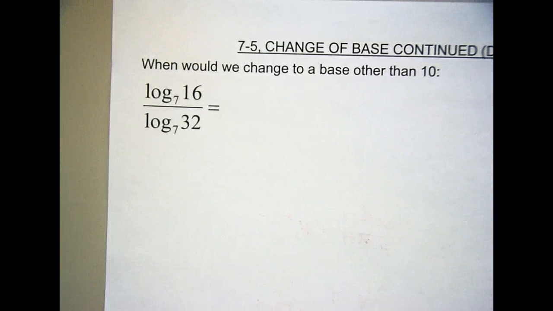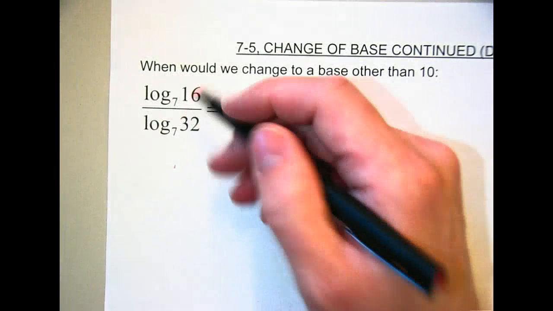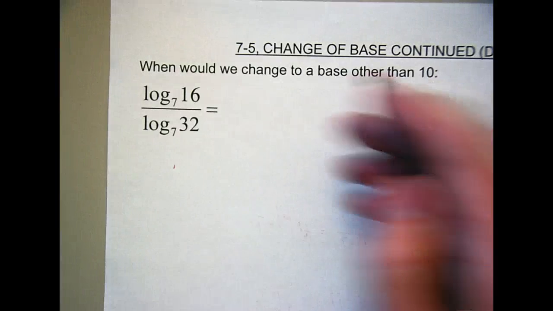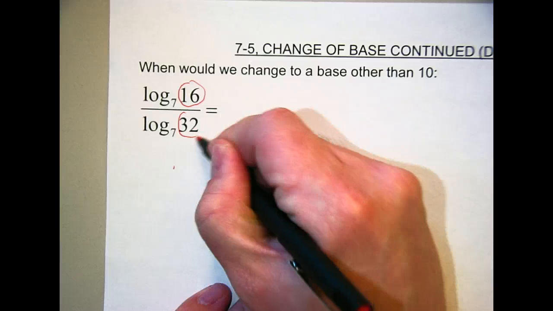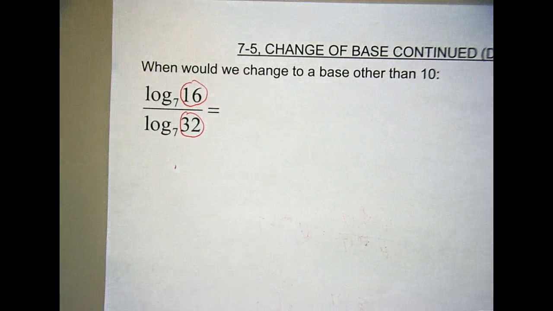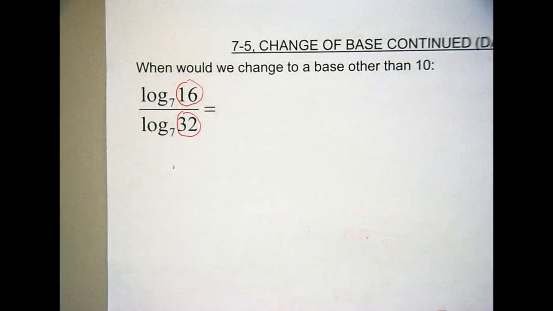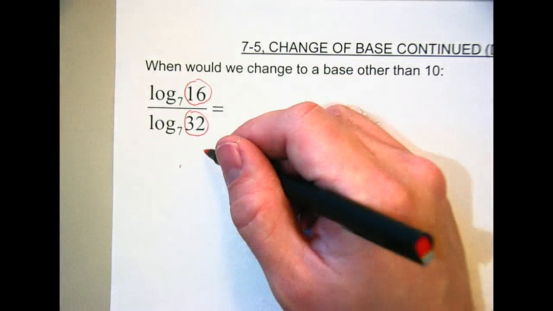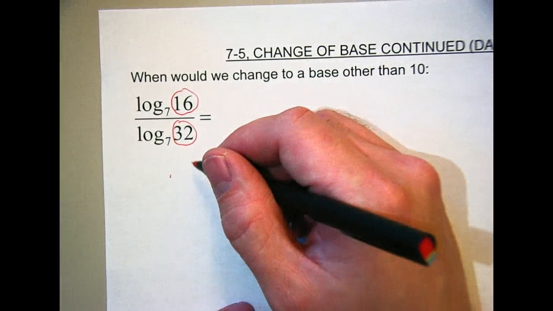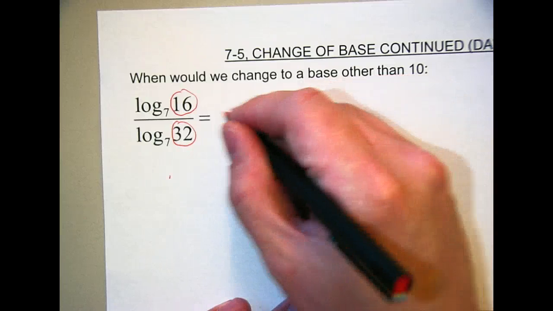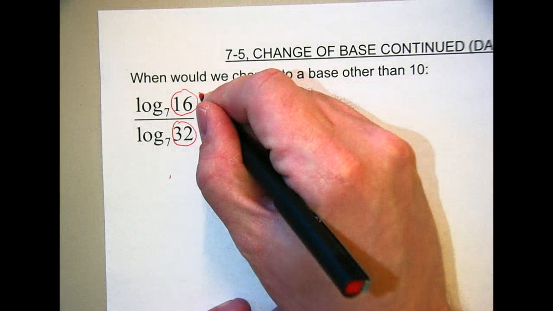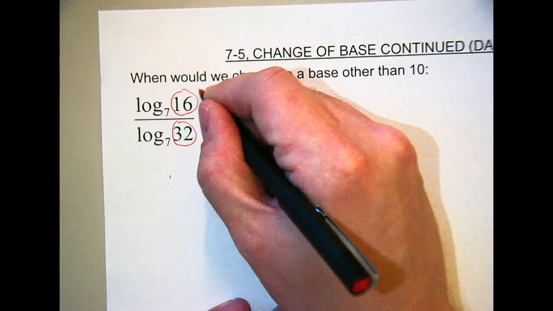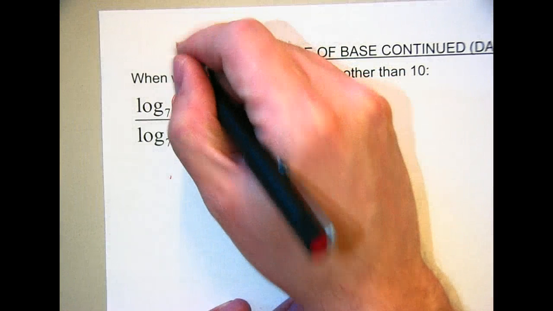Okay, so if we are looking at something where the change of base formula has been applied, or you're looking at a log over a log, when would I want to go to something that's not base 10? Well, if you recognize, say, 16 and 32 function in a specific, common base, what base are those both? So they're both base 2. 16 is 2 to the 2 times what?